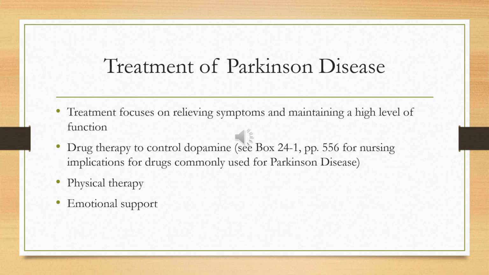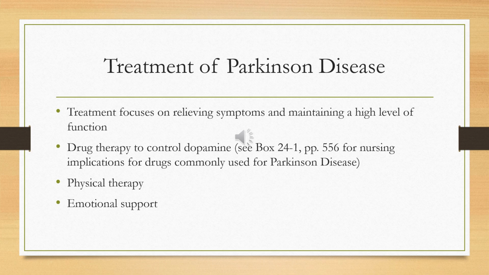Like we said, the movement is going to start to get slower. Their gait is going to become difficult with that shuffling gait. They're going to walk bent over. So physical therapy helps to maintain as much level of functioning for this patient as possible, trying to preserve their ability to do things.